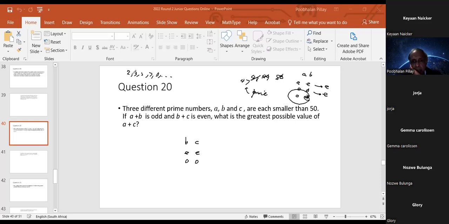Now comes the crunch. Amongst the prime numbers, very, very important fact, there is only one even prime number. Don't ever forget, very useful fact, the even prime number, namely 2.